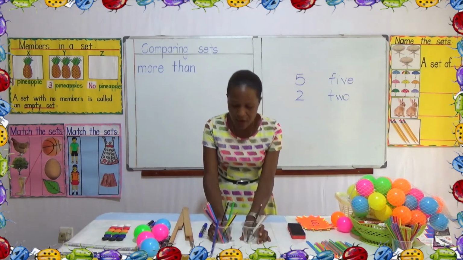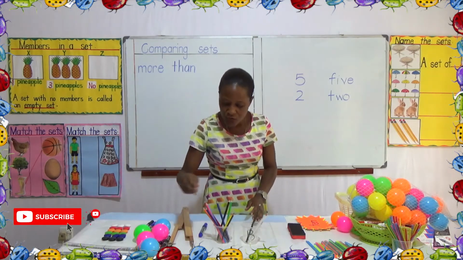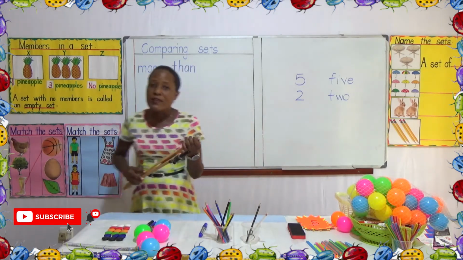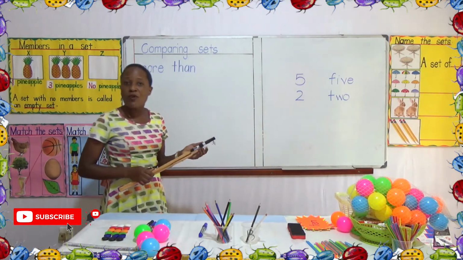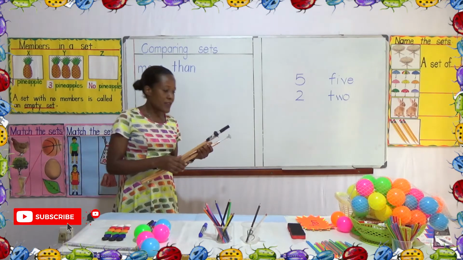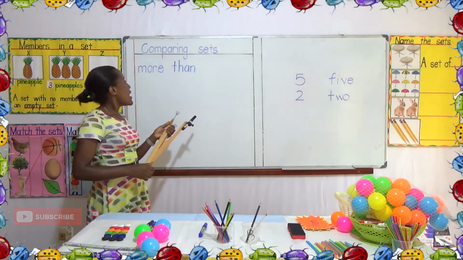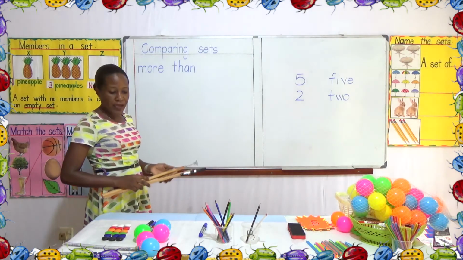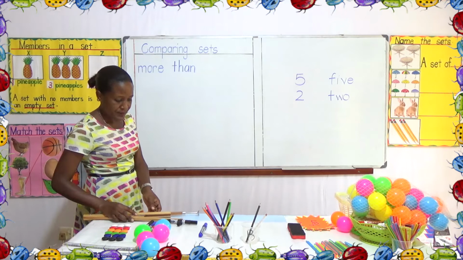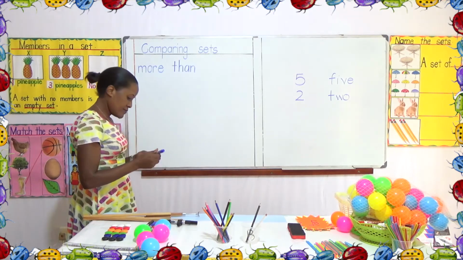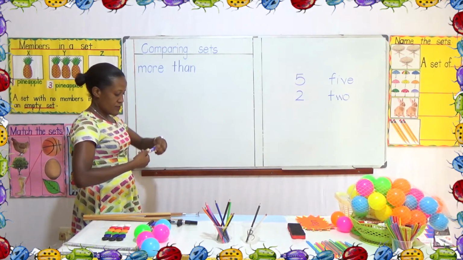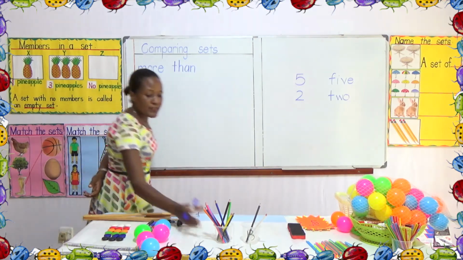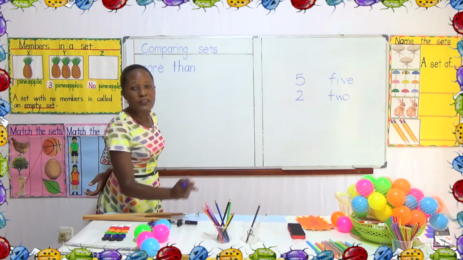B. Now, I am going to draw sets on our board, and everybody should pay attention and see how we are going to compare sets. The first example we had were our two cups.